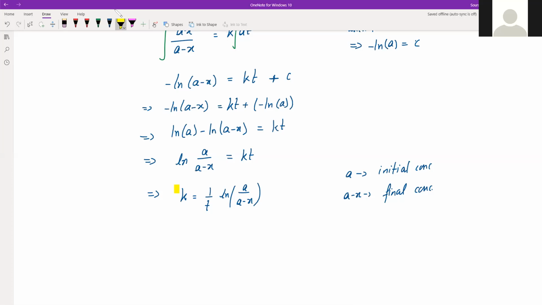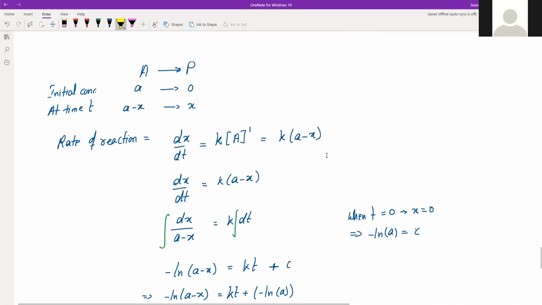So this is our expression for k, or the rate constant, when the reaction is a first order reaction. These derivations are very important, and you can see that they are not that difficult. We just assume this, and after that we find dx by dt in terms of concentrations, and then we integrate.